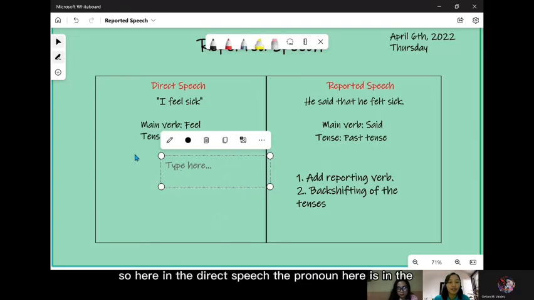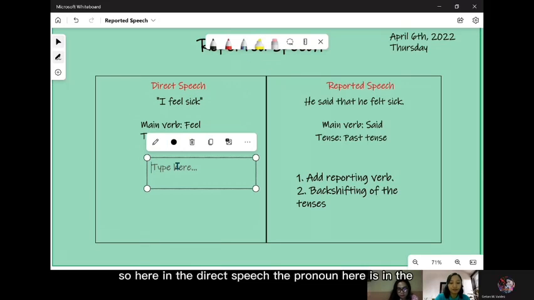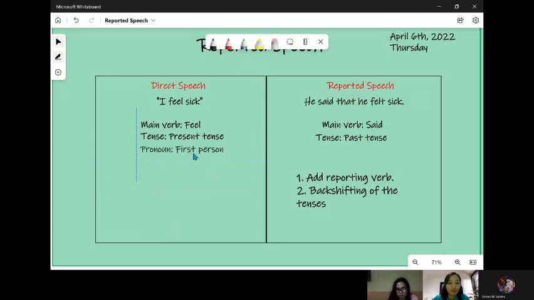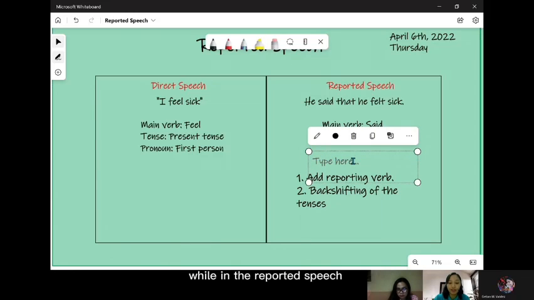In the direct speech, the pronoun is in the first person, while in the reported speech, the pronoun is in the third person.